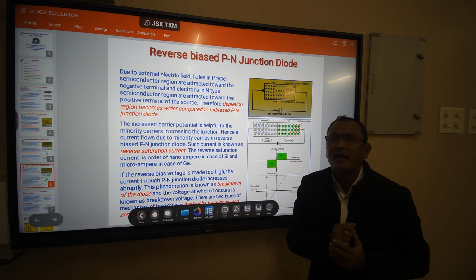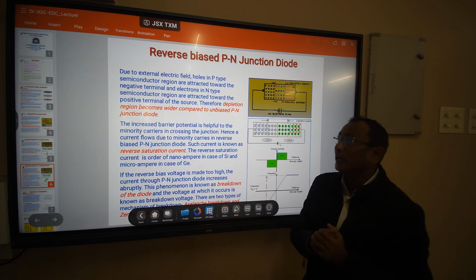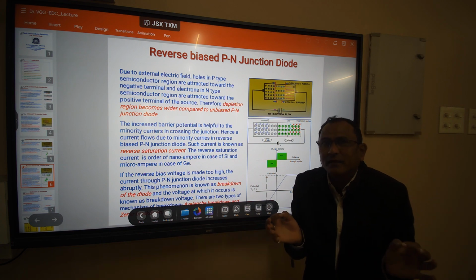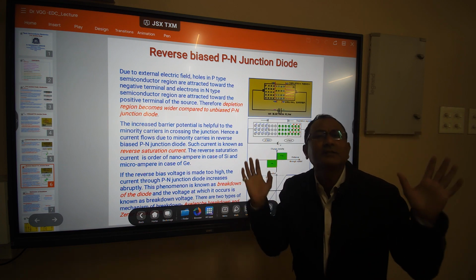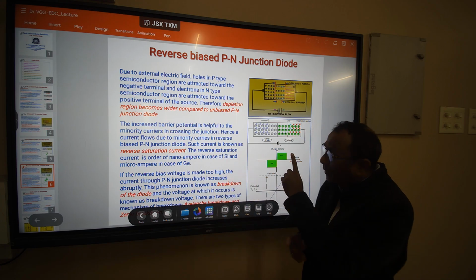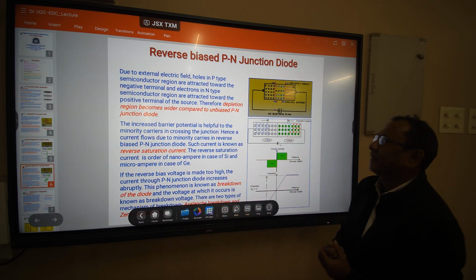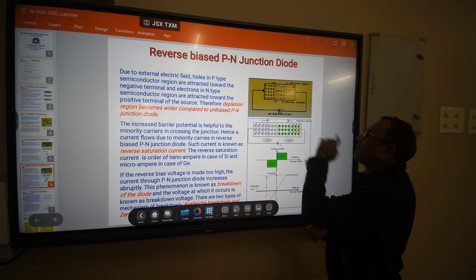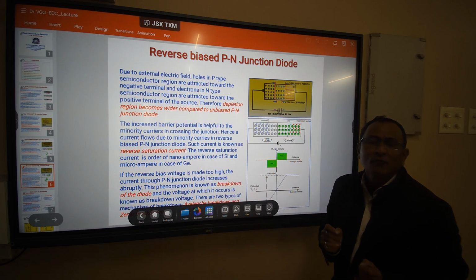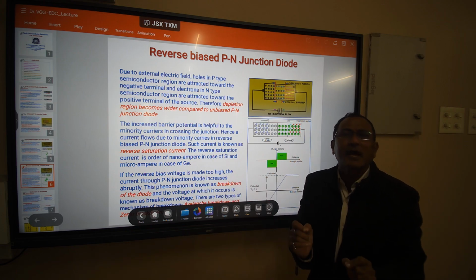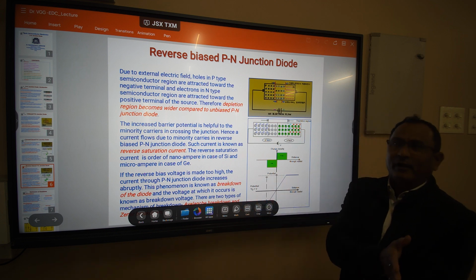But in reverse bias, one thing must be clear: in forward biasing we haven't considered the minority charge carriers, but in reverse bias we will have to consider them. Why? Whenever we provide reverse biasing, what does it mean? We are compelling the charge carriers to be attracted to a particular end.